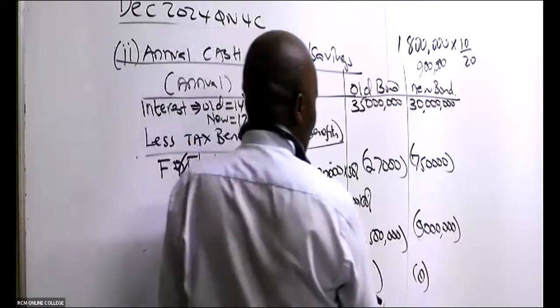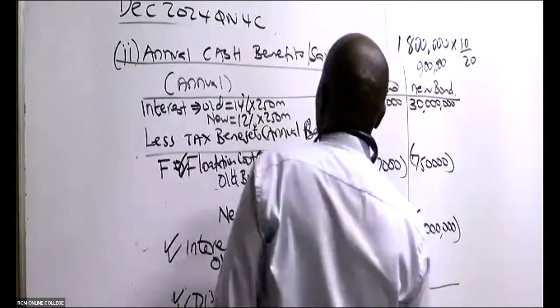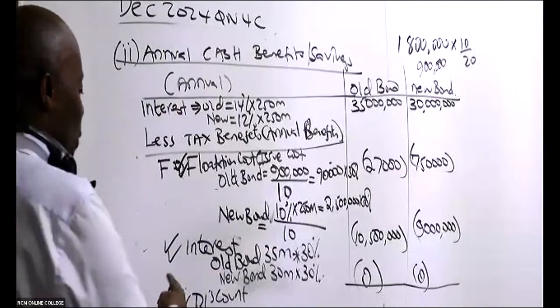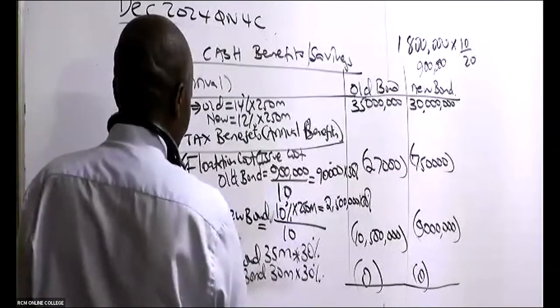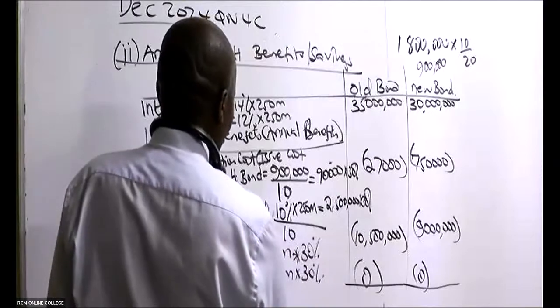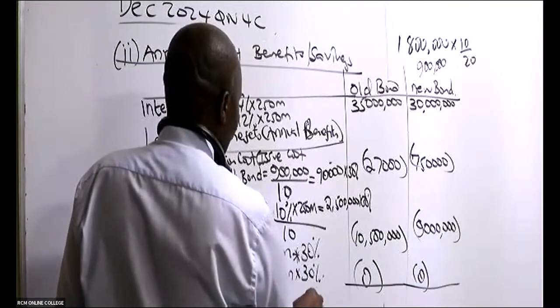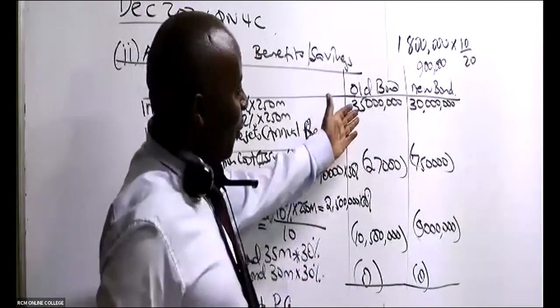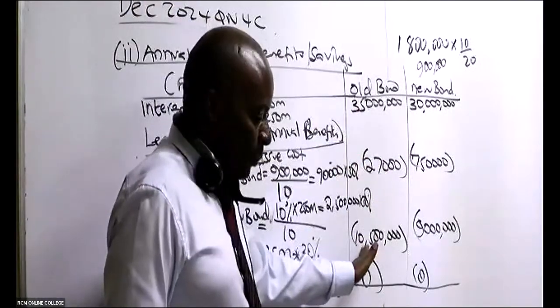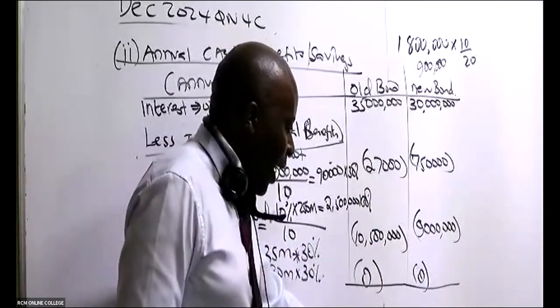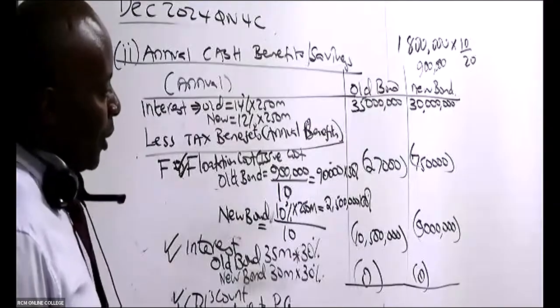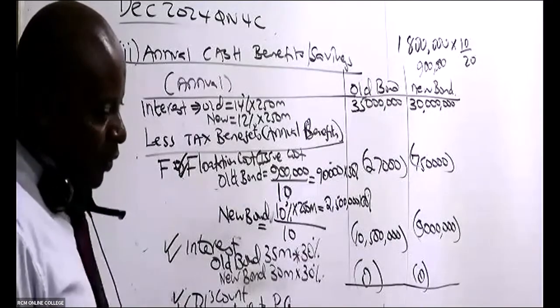So can you kindly go ahead and give us what we need to be paying, the net interest per annum. If it is the old bond, you take 35 million minus 10.5 million.